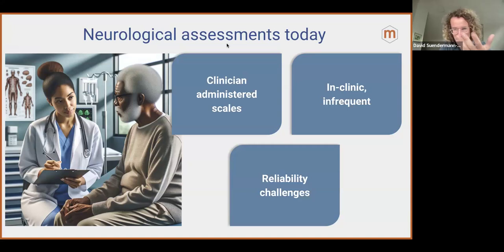Usually we talk about, for example, Parkinson's disease, I mentioned, about clinician-administered or patient-administered scales, such as the MDS-UPDRS, which usually happen at the clinic. For example, you see your clinician interviewing a patient. These things happen infrequently. They are very subjective, have significant reliability challenges, which we'll address as well during today's webinar.